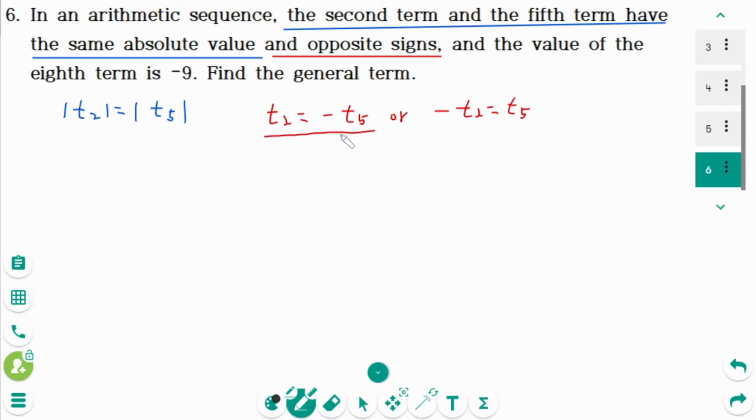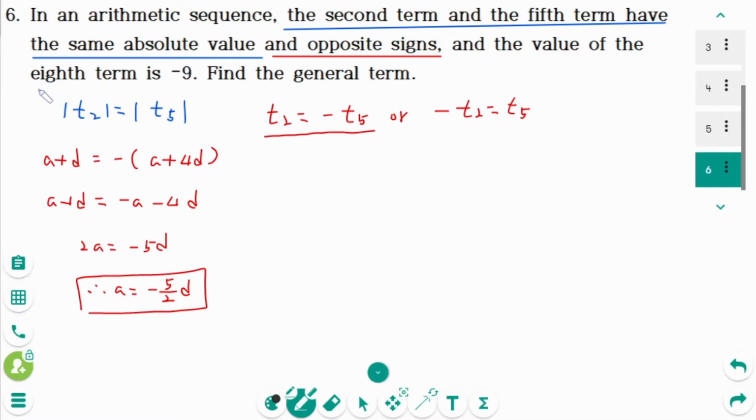I will take this one. T2 is A plus D equals minus T5, which is A plus 4D. Then A plus D equals minus A minus 4D. Then 2A equals minus 5D. Then A equals minus 5 over 2 D.